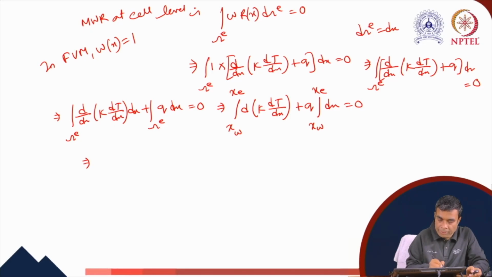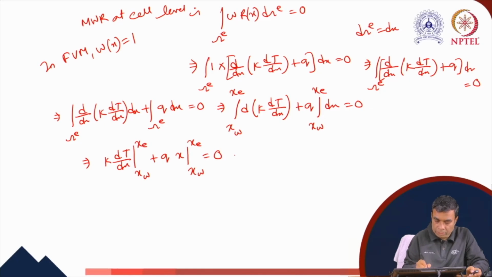So integrating, we get k dT/dx from the west face to the east face plus q into x from the west face to the east face equals to 0.